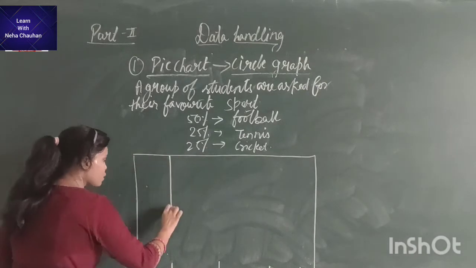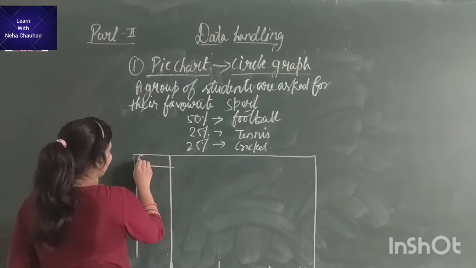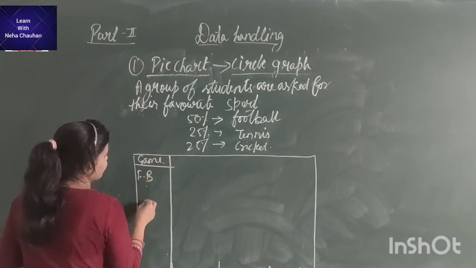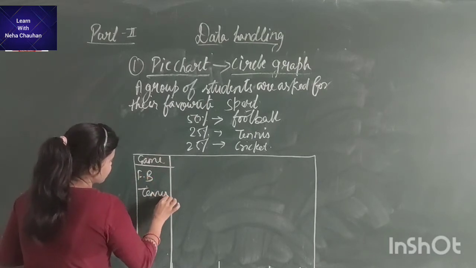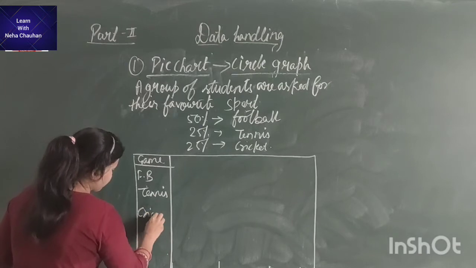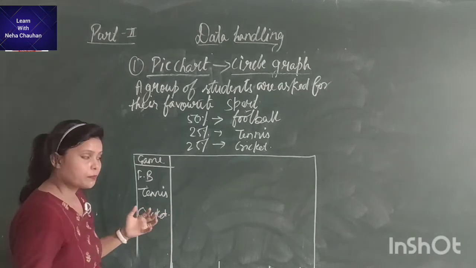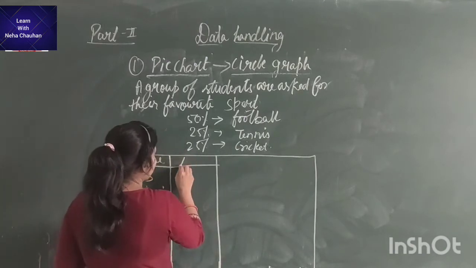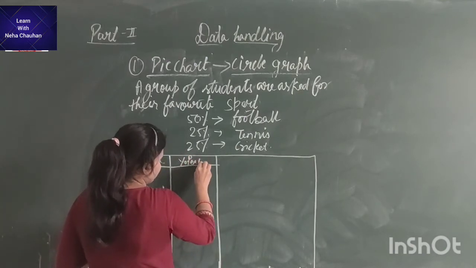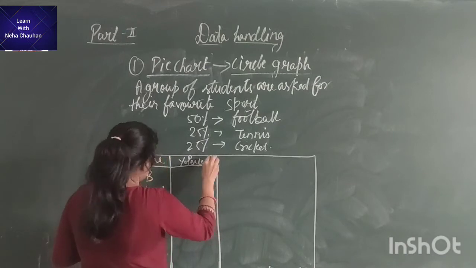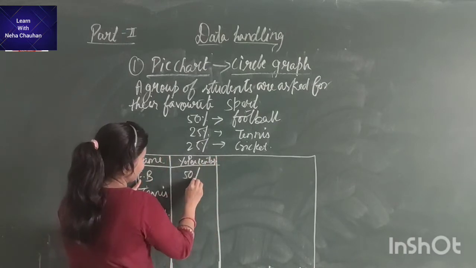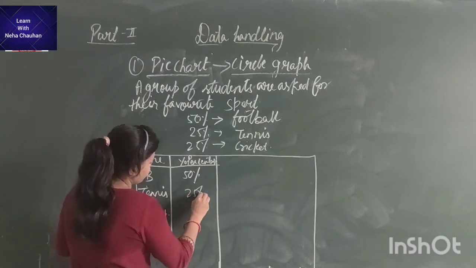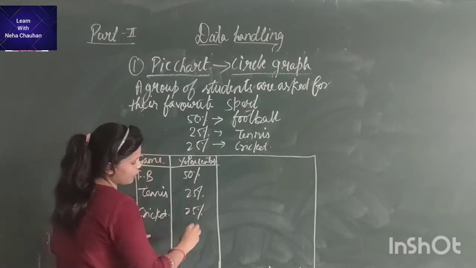In the first column, we will write the name of the sport, that is game. So first we have football, next is tennis, and next is cricket. In the second column, we will write the percentage. Football is played by 50% of people, tennis 25%, cricket also 25%.